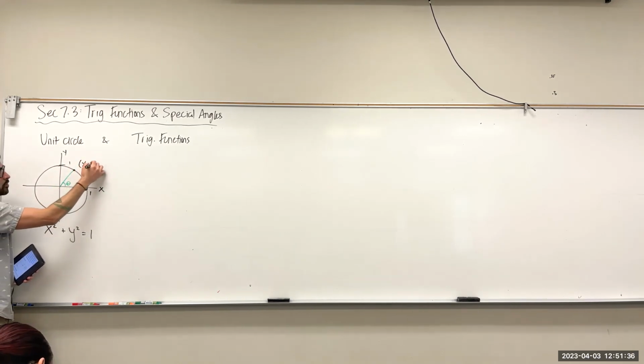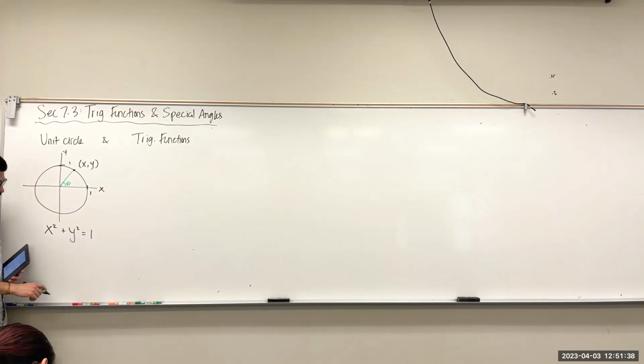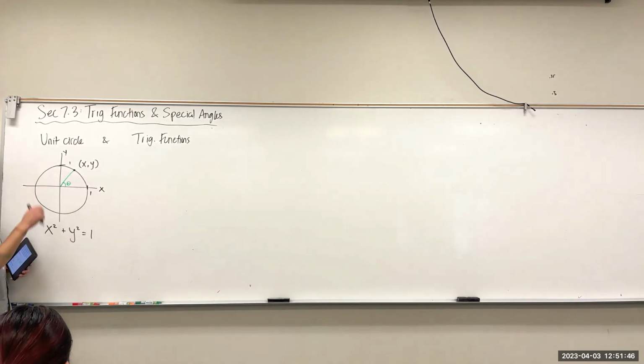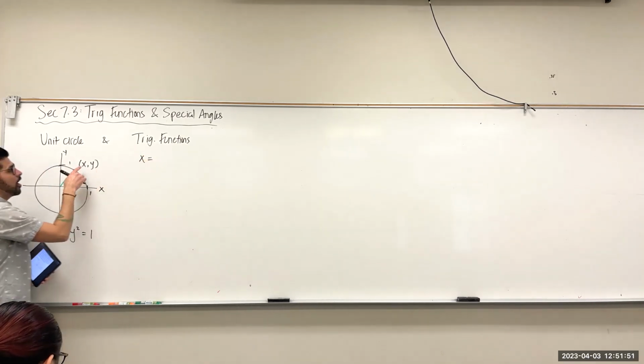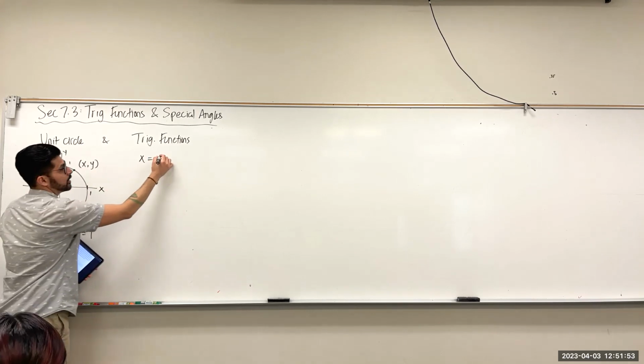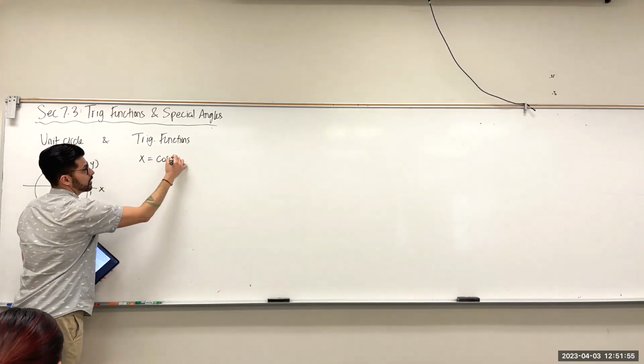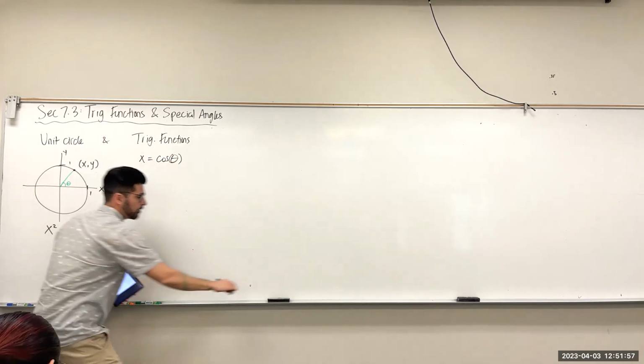It has coordinates x, y. And then we introduced it with some history behind it. But then when we used it to define the trig function, what we were saying is the x coordinate on the unit circle gives us what we're calling the cosine of our angle theta.